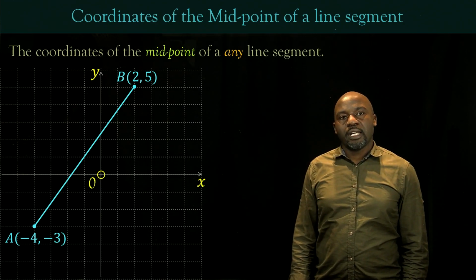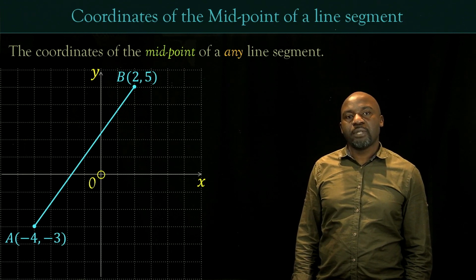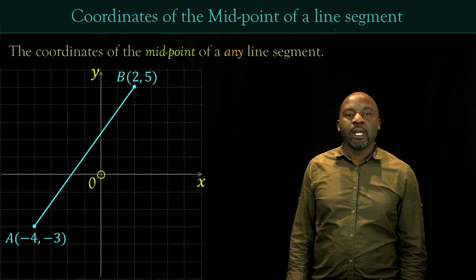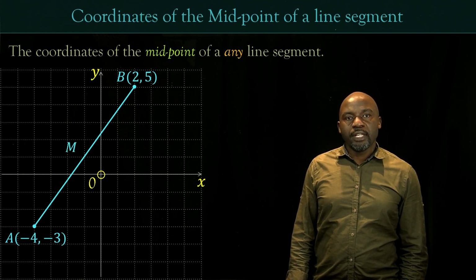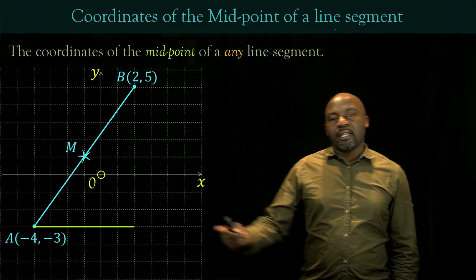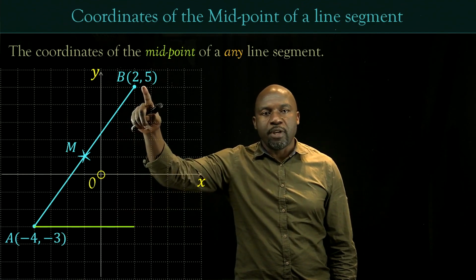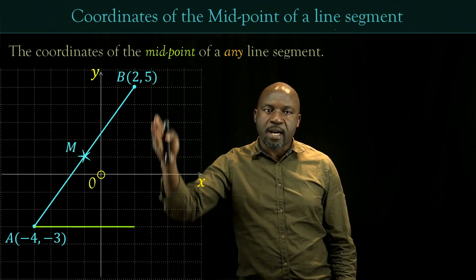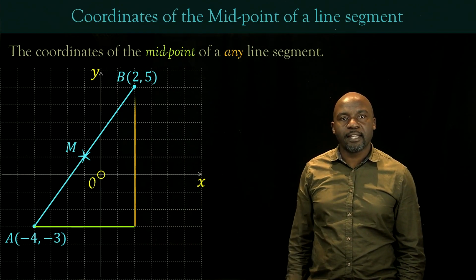Well, to find the coordinates of a point in the middle, we use the same ideas that we used with the horizontal line and the vertical line. And that is, we reason that if that's the midpoint, then to come from point A to point B, we must move horizontally. So there is a horizontal movement followed by a vertical movement, like that.